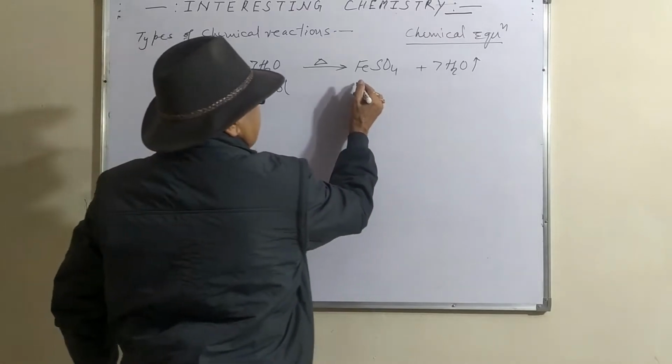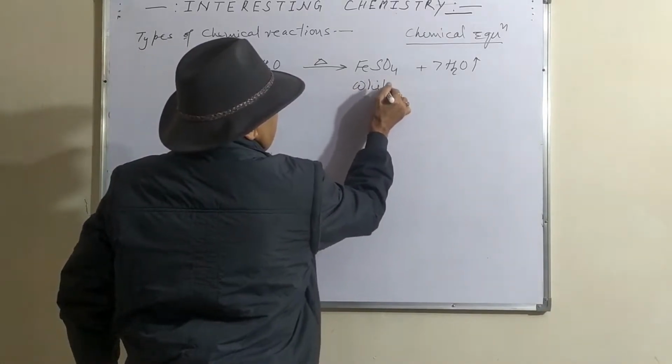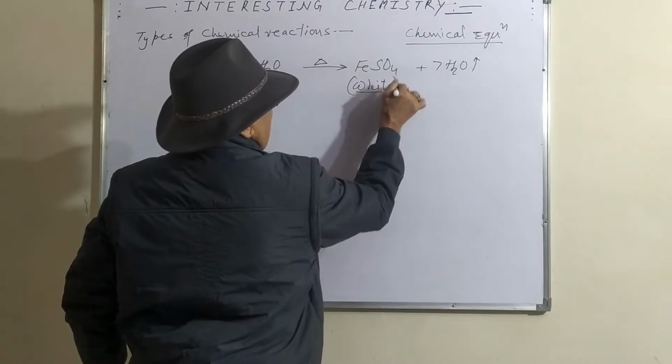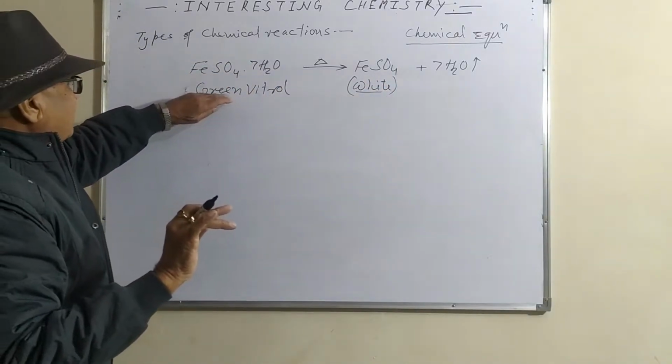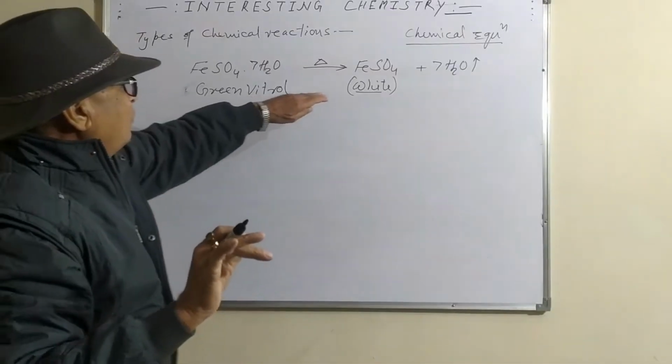So it is white in color. First of all, the FeSO4 loses its color and turns into white.